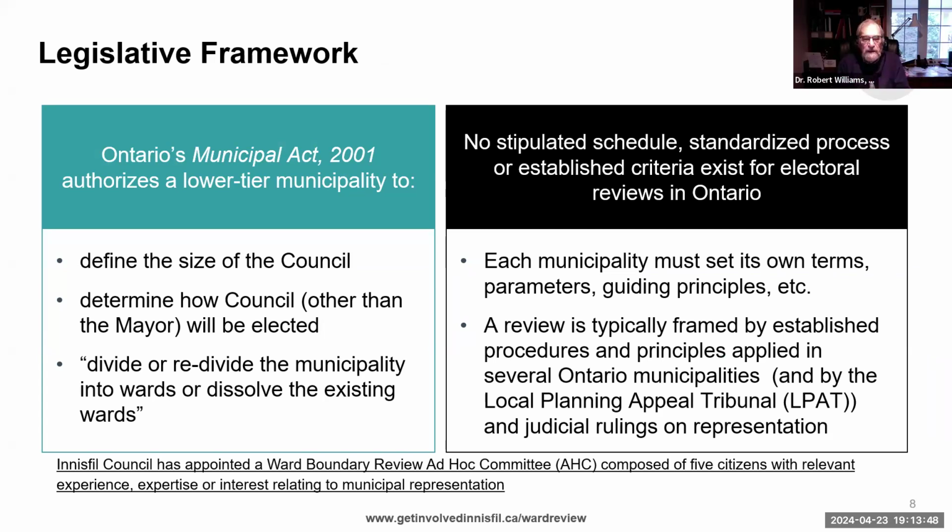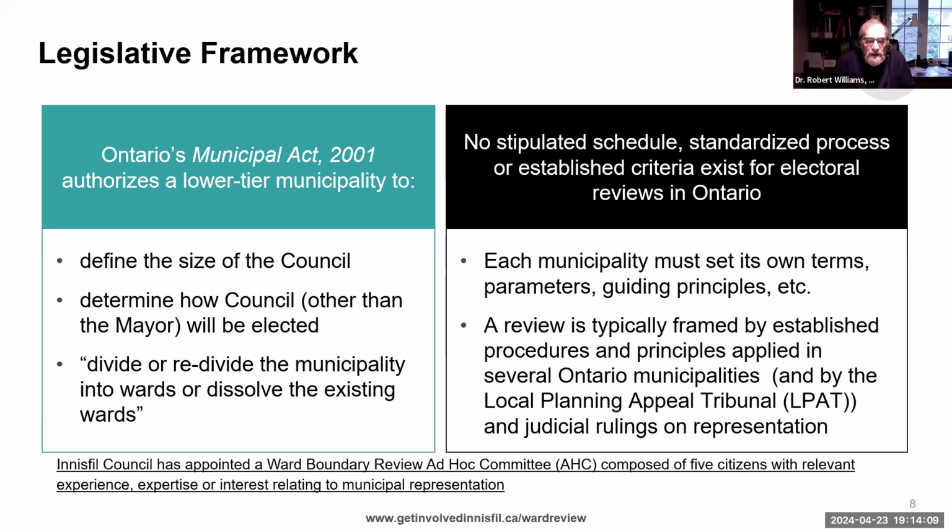Like other parts of this discussion, the province doesn't really tell you anything about those questions I've already suggested. The power to define the size of the council belongs to the municipality. As long as you've got 5, that's all the act says. You can change it. Okay, 5 is it.